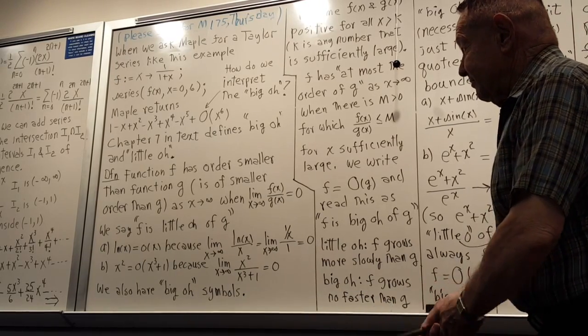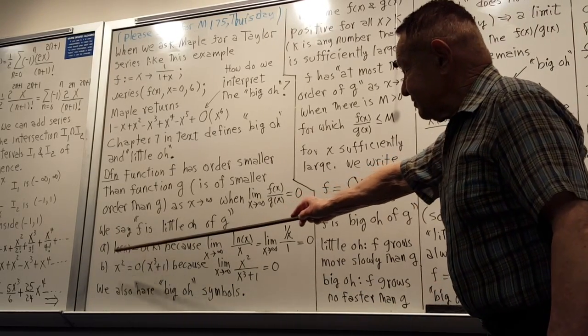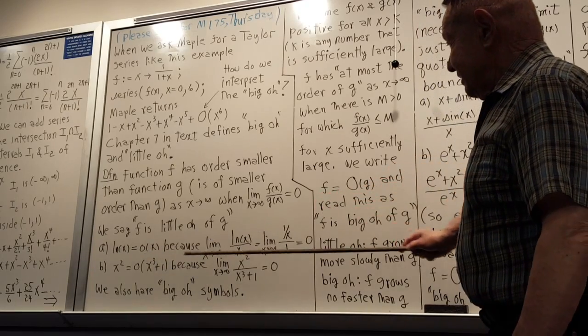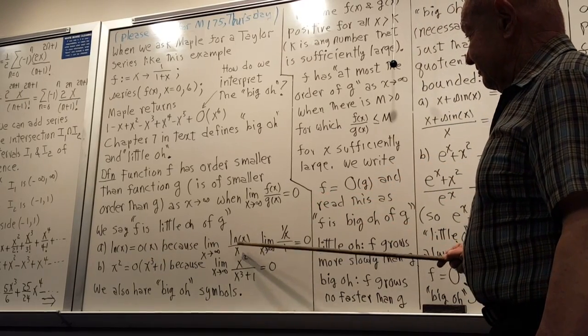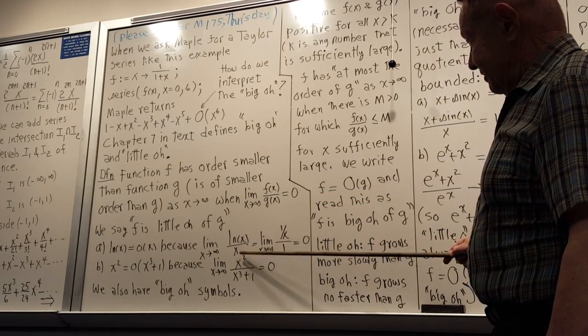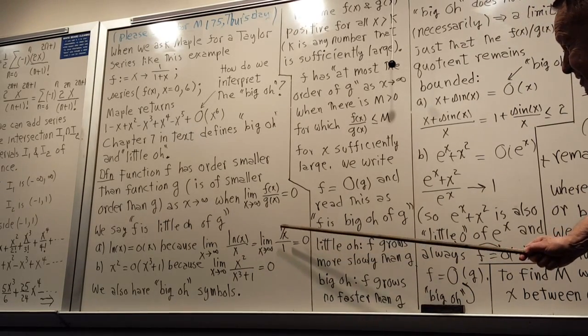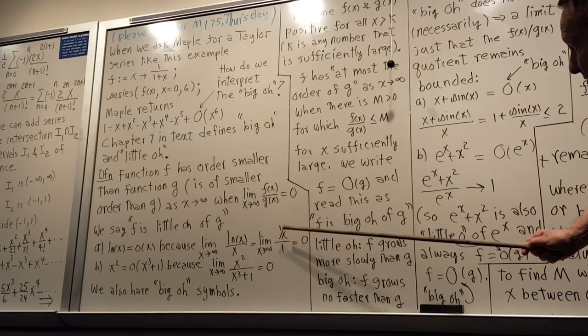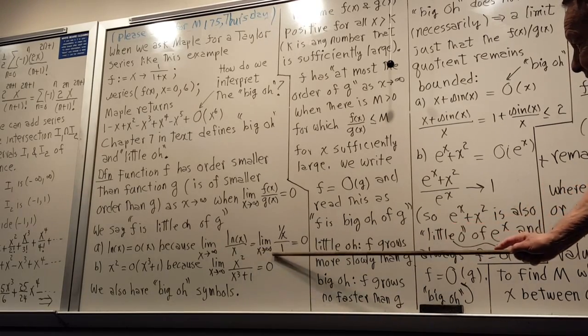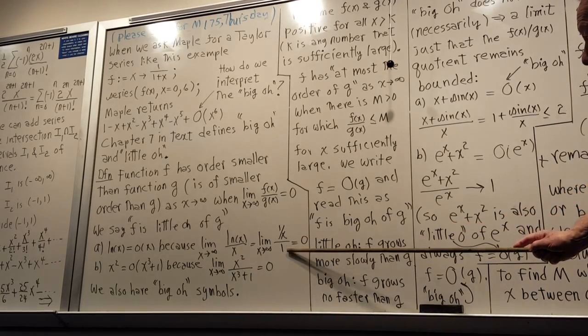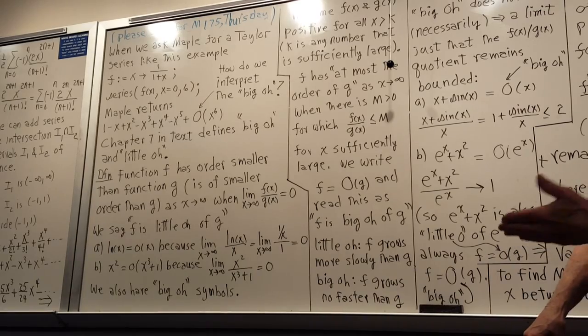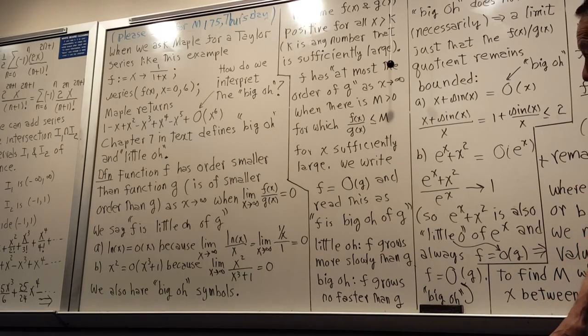So, for example, log x is little o of x because this limit, which you see is infinity over infinity, if you do the derivatives, is this limit from the log, 1 over x, this limit's 1, and then your limit of 1 over x is 0, because 0 is a horizontal asymptote.